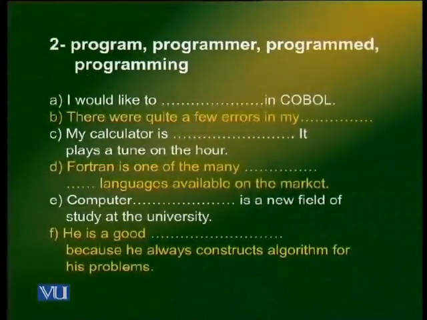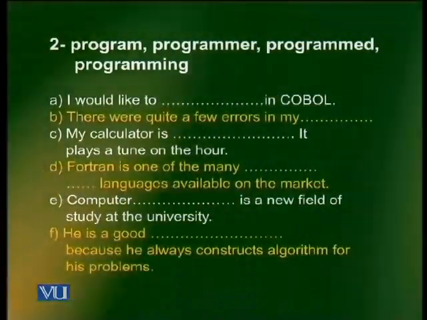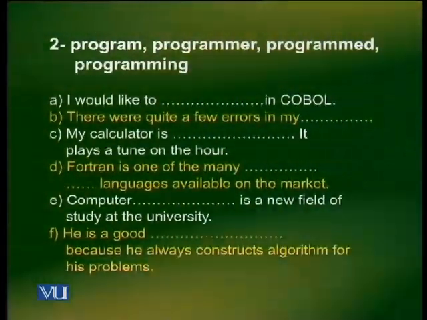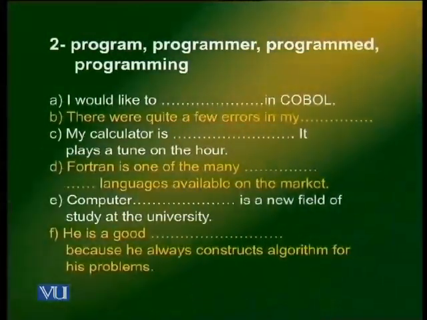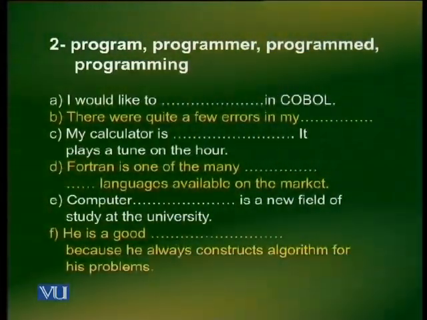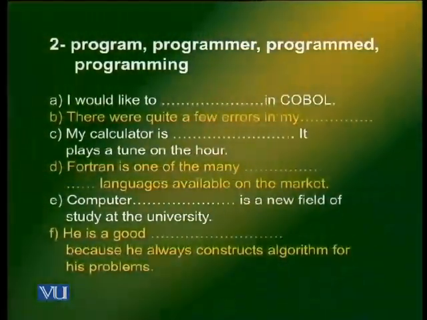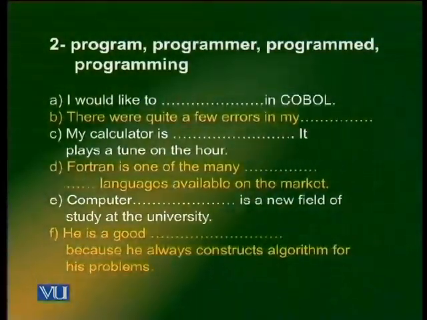It has to be the word with the ed ending. It plays a tune on the hour. And number D, Fortran is one of the many dash languages available in the market. Is one of the many programming languages available on the market.